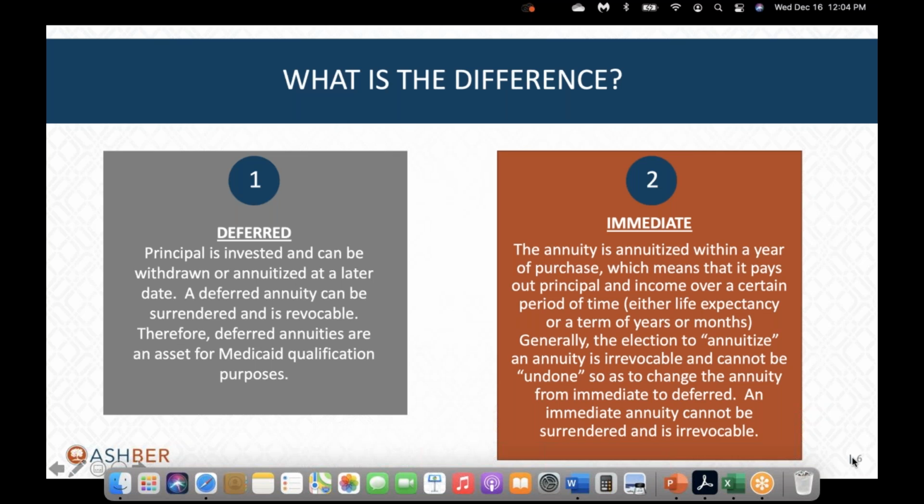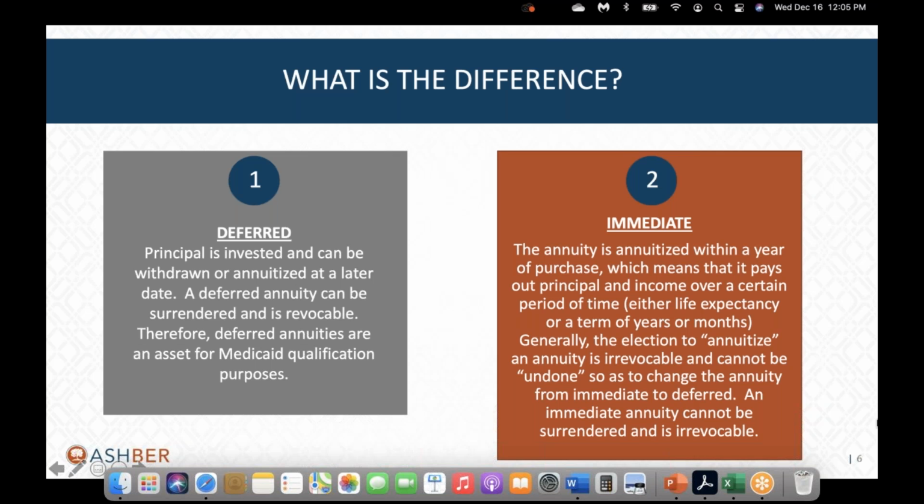It's important to note that with a deferred annuity and an immediate annuity, both of these contracts can be purchased with either pre-tax dollars, so money coming from an IRA or a 401k, as well as money that is post-tax dollars, or a non-qualified annuity. We're going to be talking more about what that means in today's webinar as well. I will add that with an immediate annuity, the election to annuitize is within a year of the client purchasing the contract.